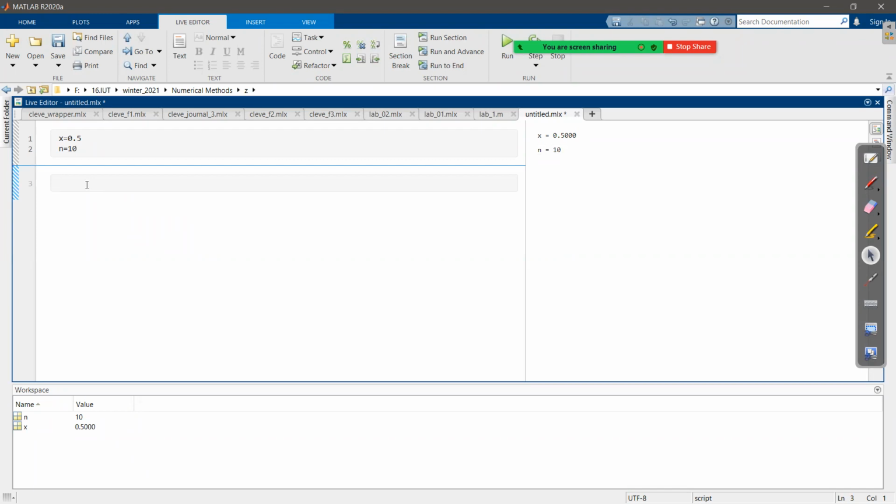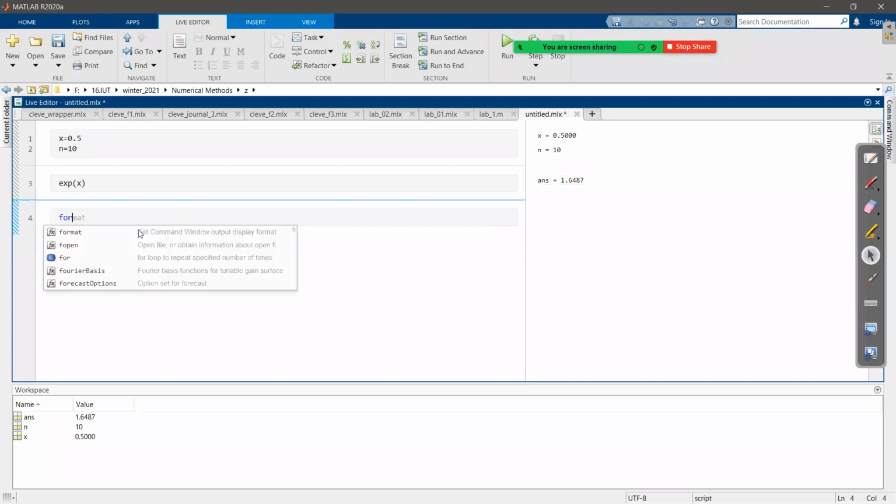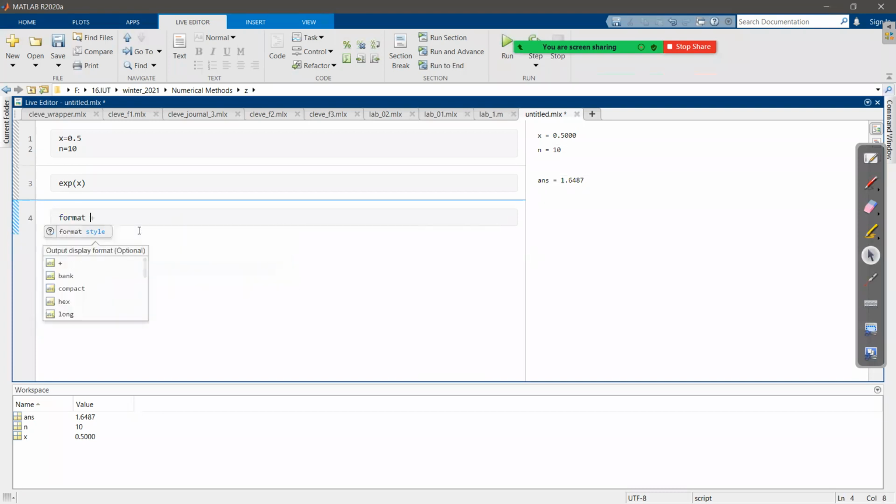Now if I calculate, say for example, exp of x, exp is the built-in exponential function here. As you can see, it is giving me 1.6487 up to 4 decimal points, because that is the default in MATLAB. If I want to take larger, say up to 15 decimal points, I have to write format long. There are different formats available.